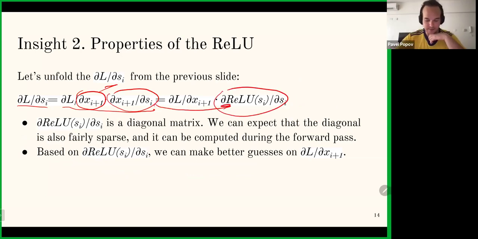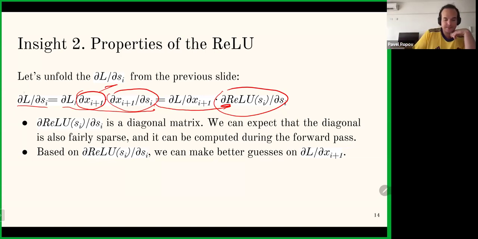It's the derivative of ReLU with respect to pre-activations, a diagonal matrix populated with zeros and ones. When the pre-activation is less than 0, the derivative is 0. When the pre-activation is greater, the derivative is 1. Fairly simple.